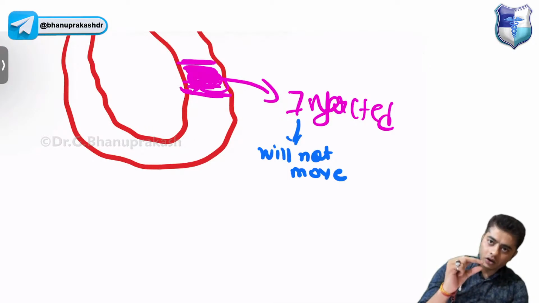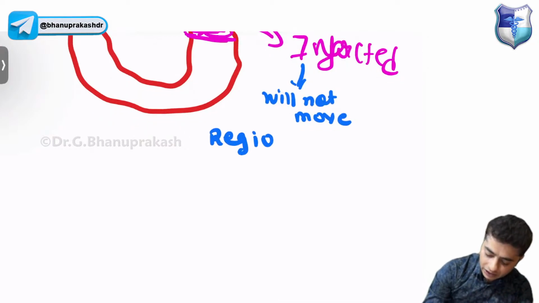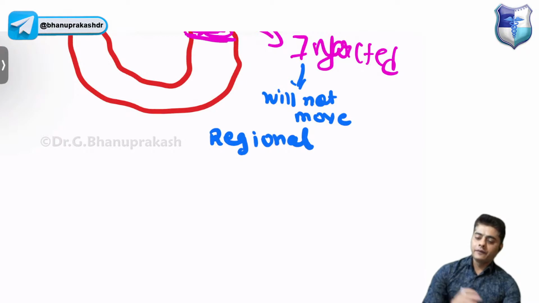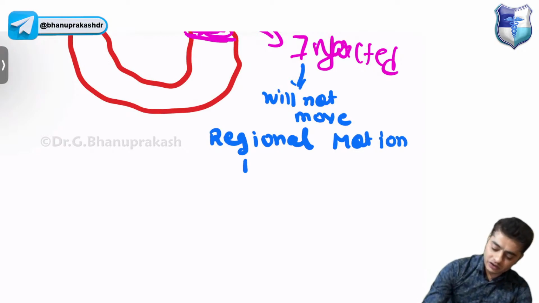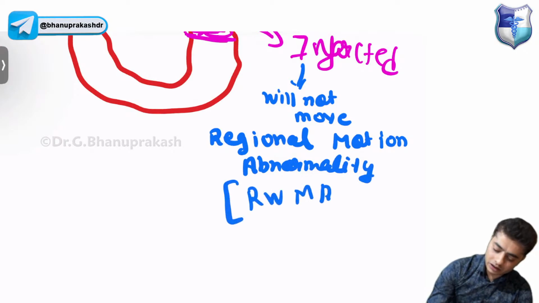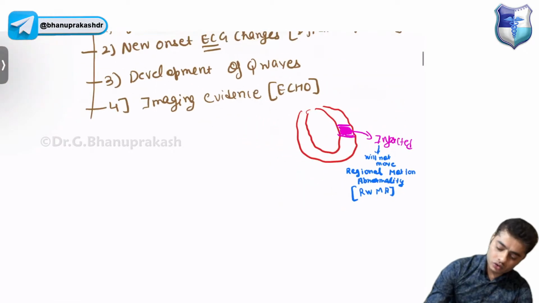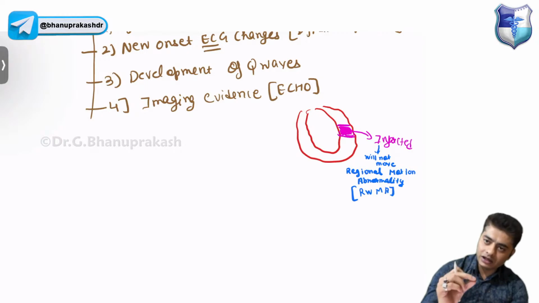So only a restricted, regional part of the heart is not moving, and we say there is a regional wall motion abnormality, known as RWMA. So on echo, you will see a regional wall motion abnormality because that particular infarcted part of the left ventricle will not move, and it will appear in echo as a regional wall motion abnormality.